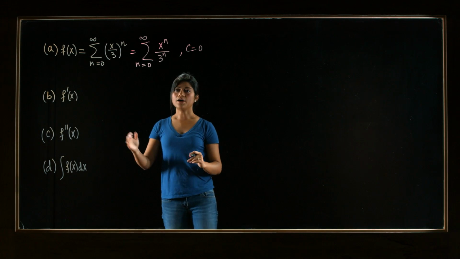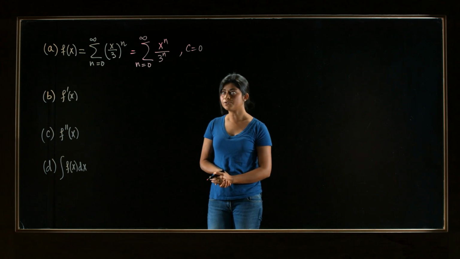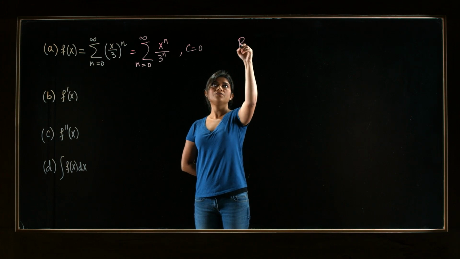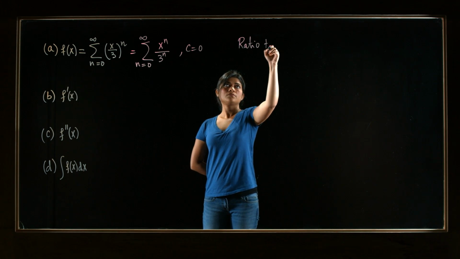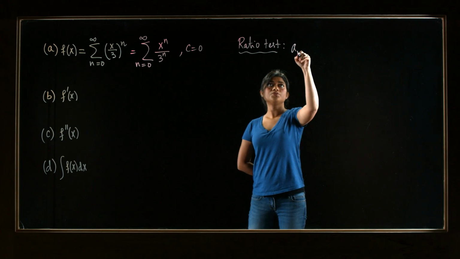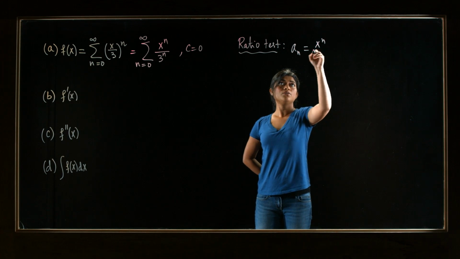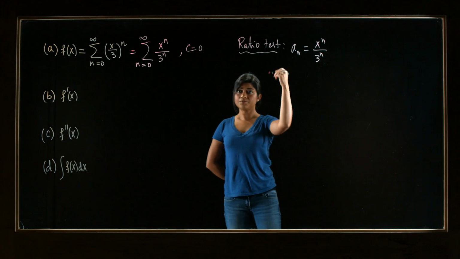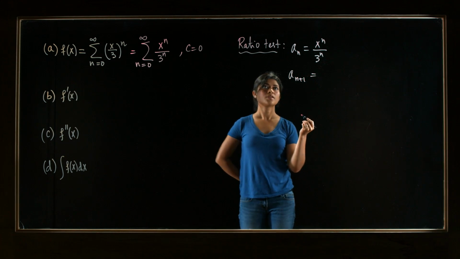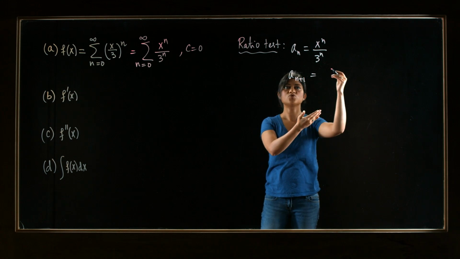Now, recall that we use the ratio test to find the radius and the interval of convergence. So we'll do the same here. Let's apply the ratio test. To do that, we have to write down the nth term, which is right here, x to the n over 3 to the n. And then from there, we have to write down the n plus 1th term, a_(n+1), which is nothing but changing n to n plus 1.